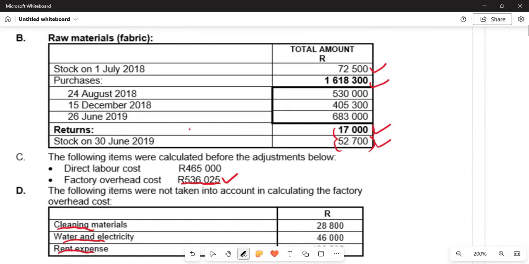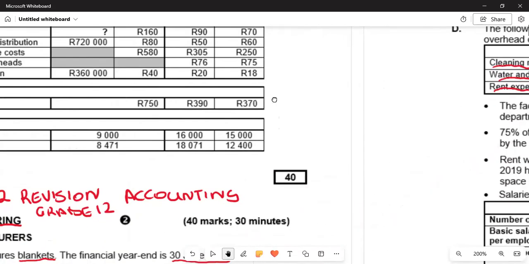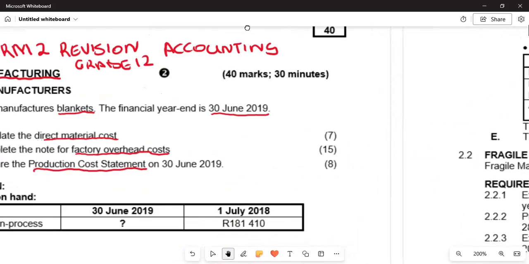These amounts are going to be subtracted from our opening stock as well as purchases. So now let's go straight to the answer book and see how we are going to record them.